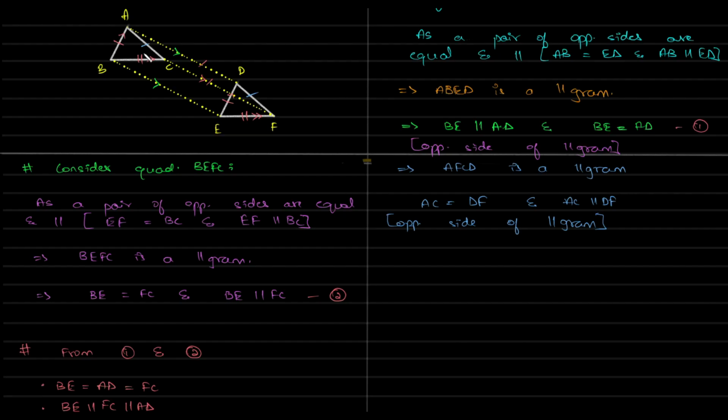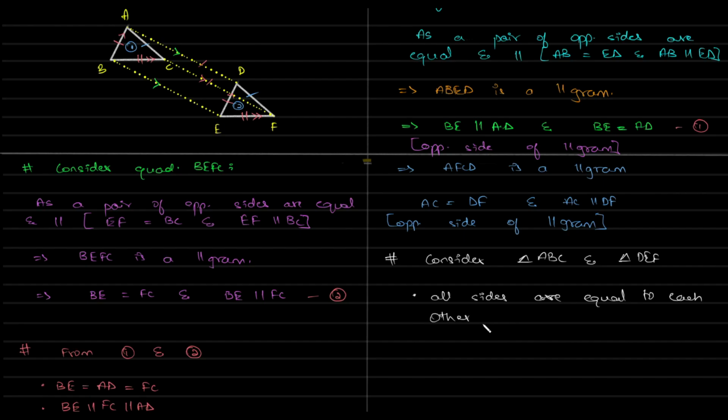And last, we have to prove that triangle 1 is congruent to triangle 2. Quite simple. So consider triangle ABC and triangle DEF. We have all sides equal to each other. How did we tell this?